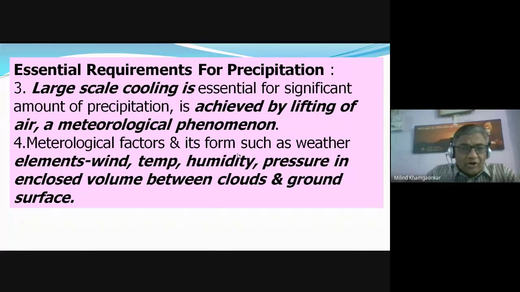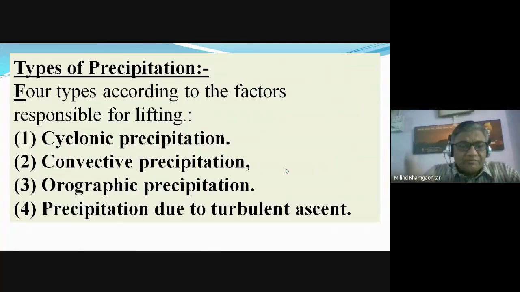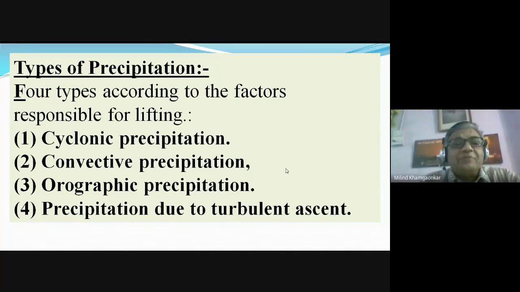And other meteorological factors such as wind, temperature, humidity, atmospheric pressure, etc. are needed for precipitation to occur. Various types of precipitation are there: cyclonic precipitation, convective precipitation, orographic precipitation, and precipitation due to turbulent ascent.